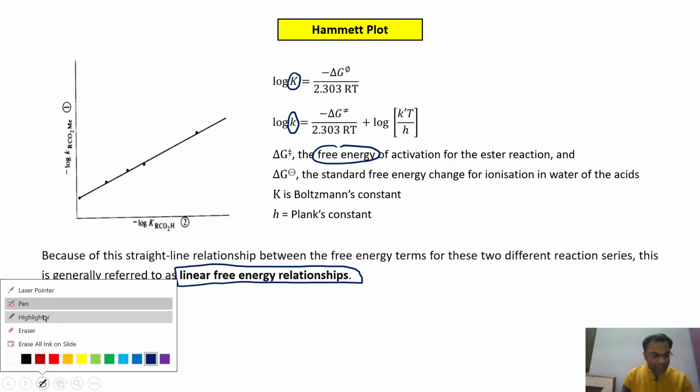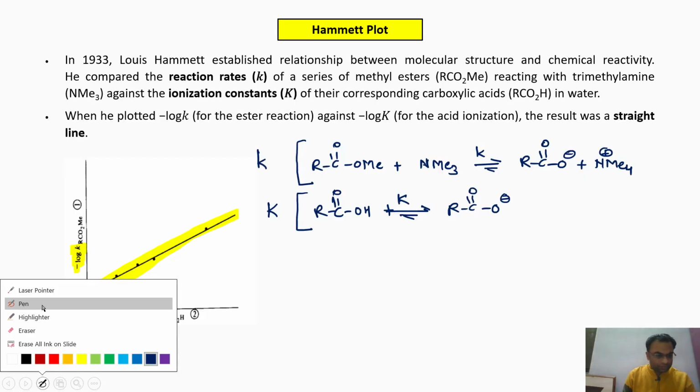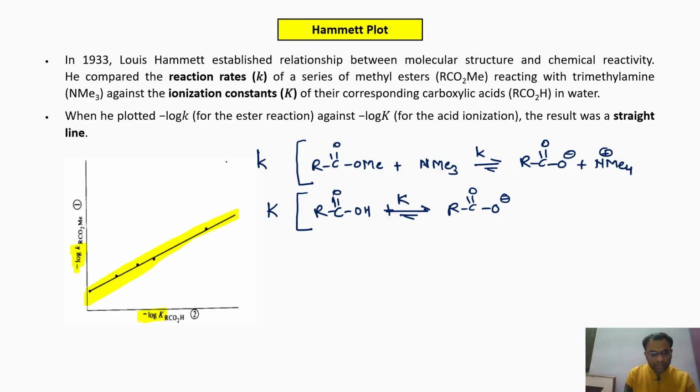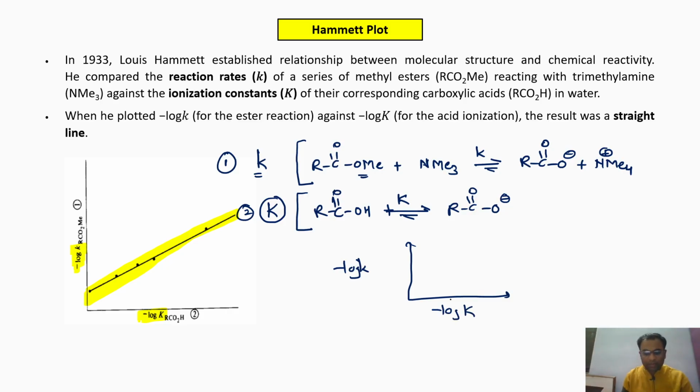I am repeating again. Hammett carried out two reactions. In the first reaction, he studied the rate constant, and in the second reaction, he studied the ionization constant of the corresponding acid of this methyl ester, and plotted a graph of minus log of small k versus minus log of capital K. Surprisingly, he found a straight line relationship between these two reactions.